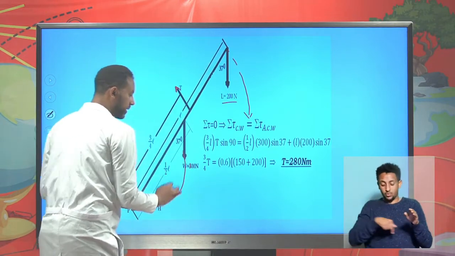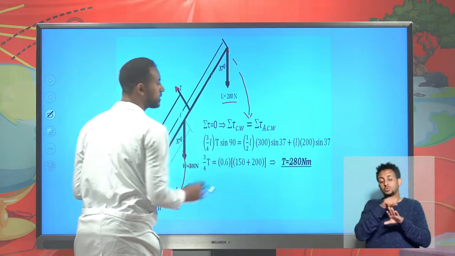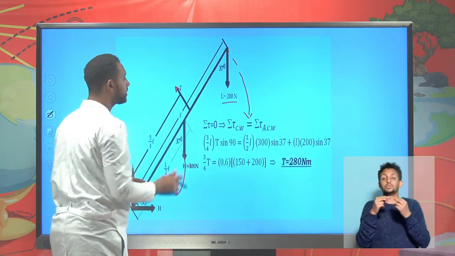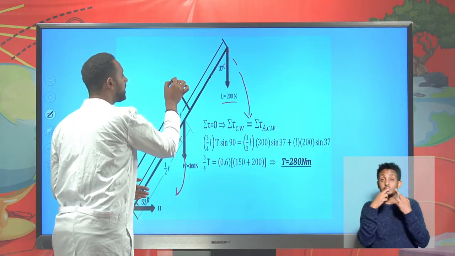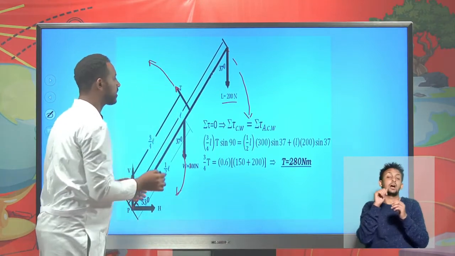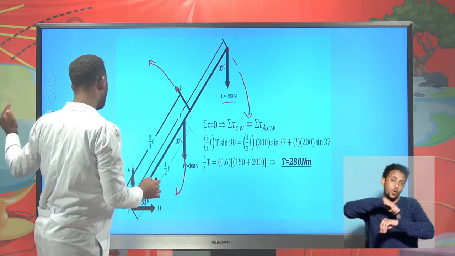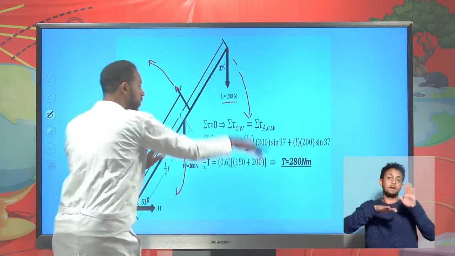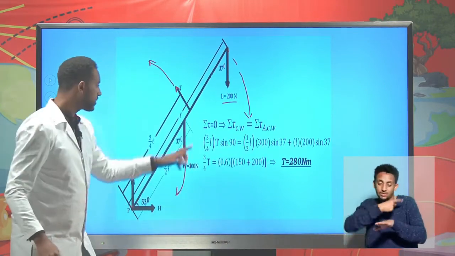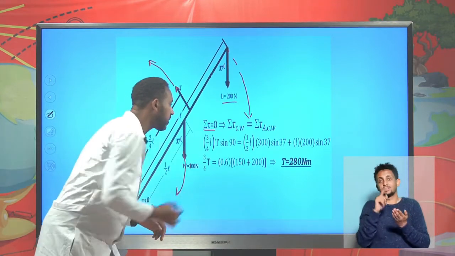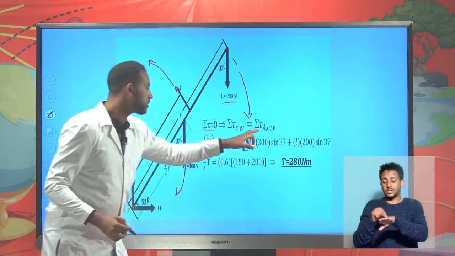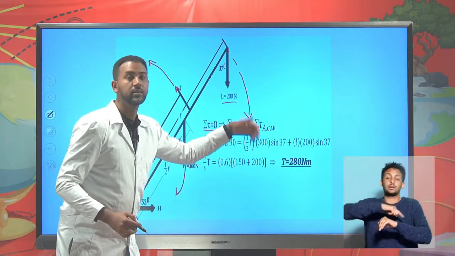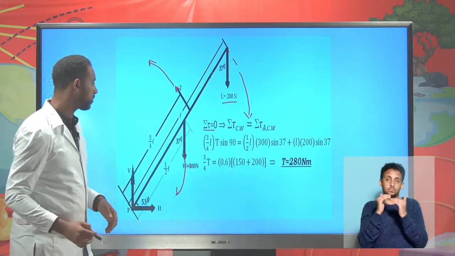The tension T on the cable tends to act counterclockwise. So the summation of net torque must be 0: the sum of clockwise torques must equal the sum of counterclockwise torques.